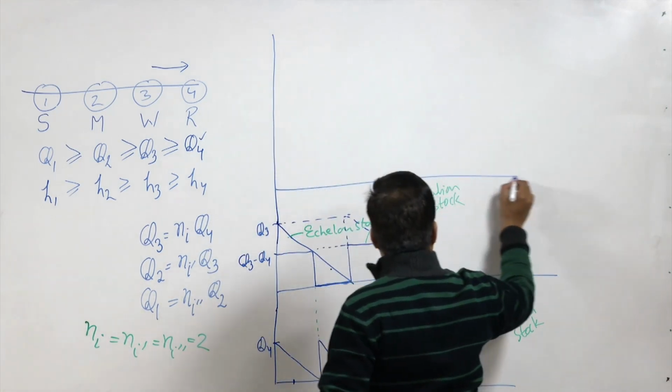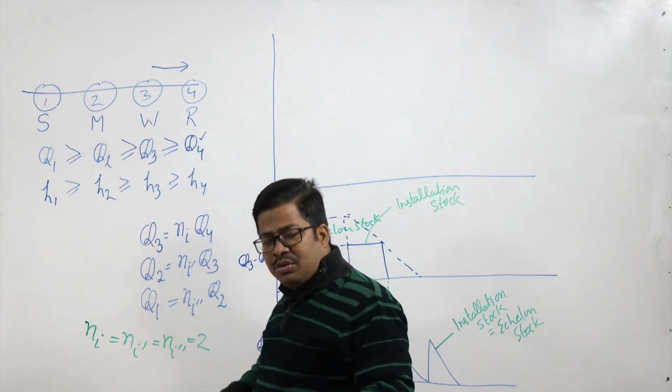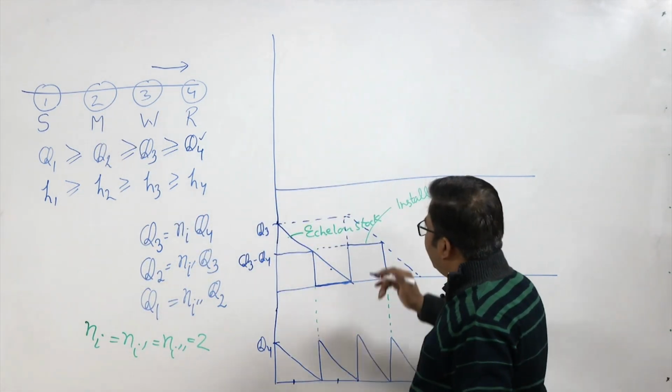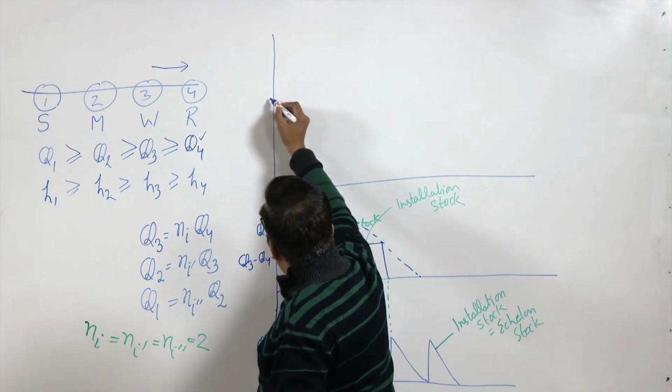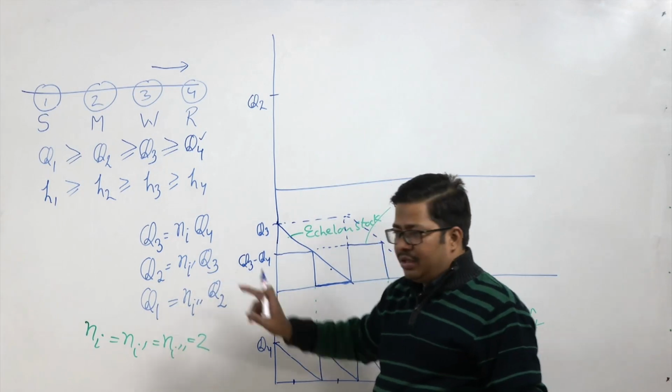You have stage 2 now. In stage 2, you have Q2, which is 2Q3.